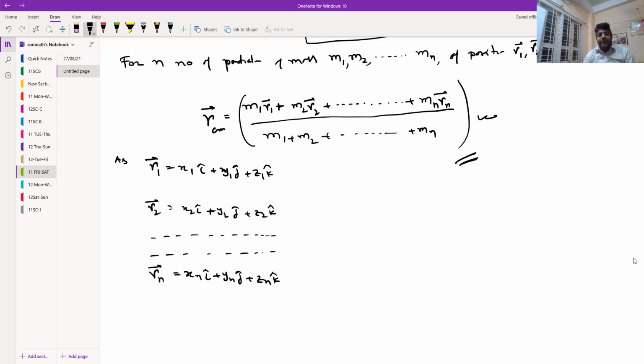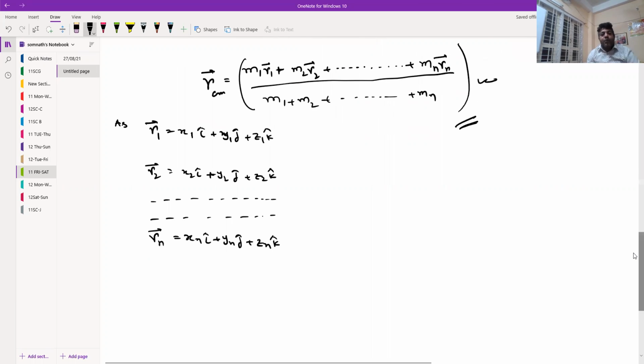If you write it that way, R1, R2, R3, R4 dot dot dot Rn, then what is your center of mass?